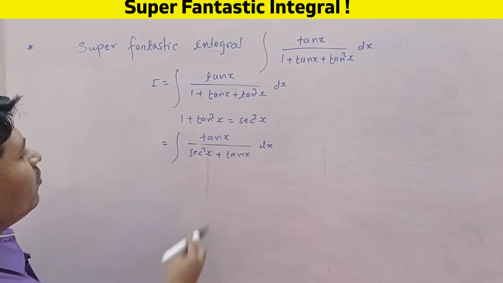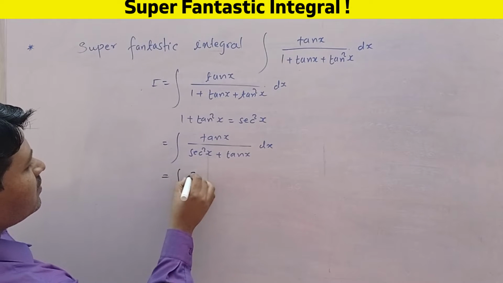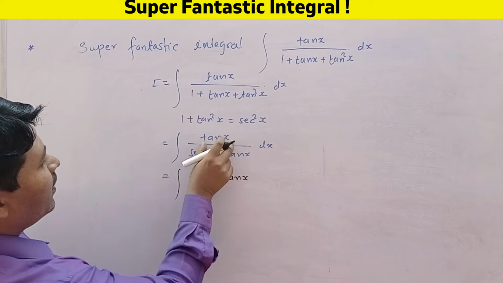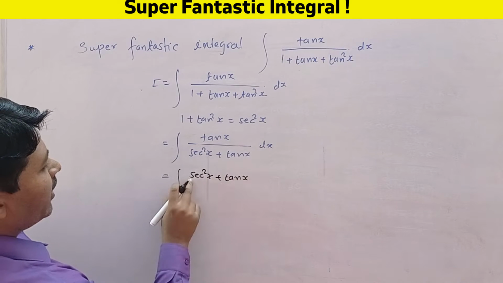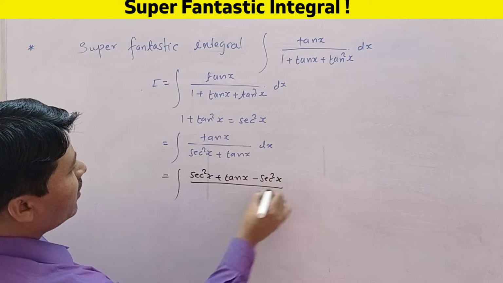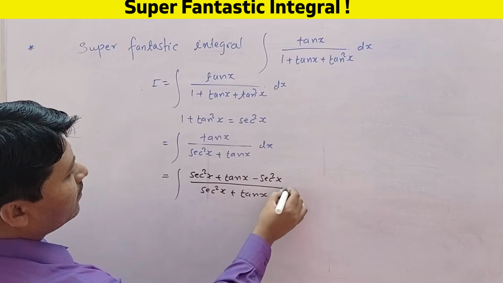We can arrange the numerator as sec square x plus tan x. We write the term tan x the same way, minus sec square x, divided by sec square x plus tan x, dx.